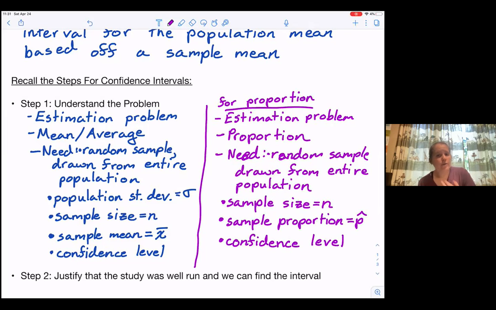So the things that we draw from the problem are a little bit different, but it's kind of a similar list.